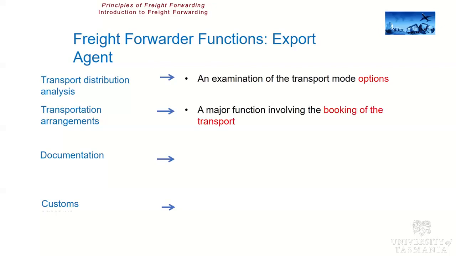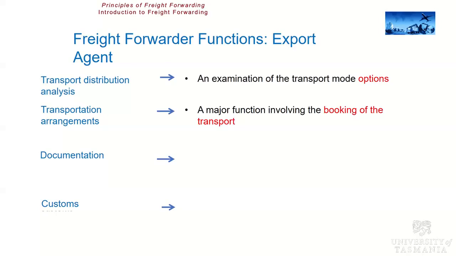Something that works in light of that is the transport arrangement. So not only do they do the investigation, so this is an investigative type process, and what it might mean is that you come up with a couple of scenarios where you say, okay, if you send it this way, this is what your cost is.